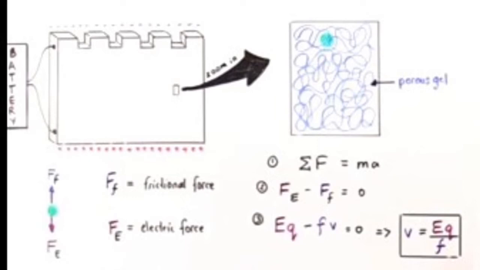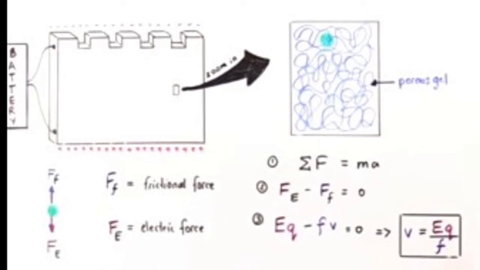This negative FV is going to cross the equal sign, and once it crosses the equal sign, it becomes a positive FV. So the equation will now change, and EQ will be equal to FV.